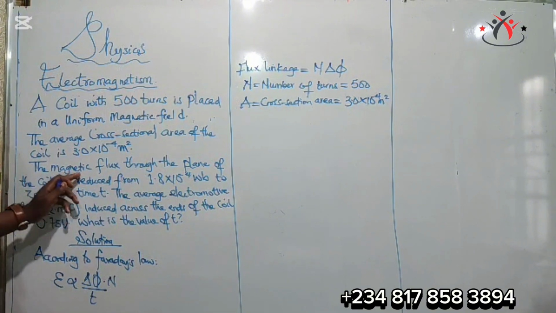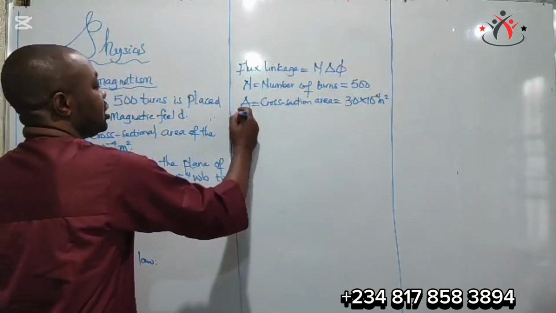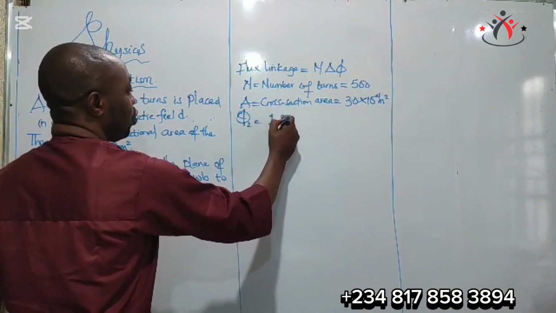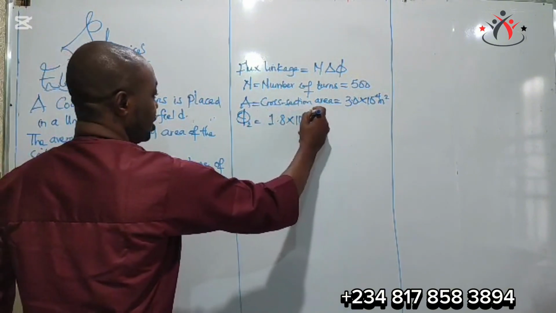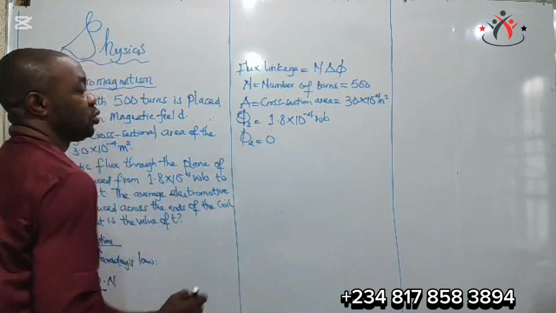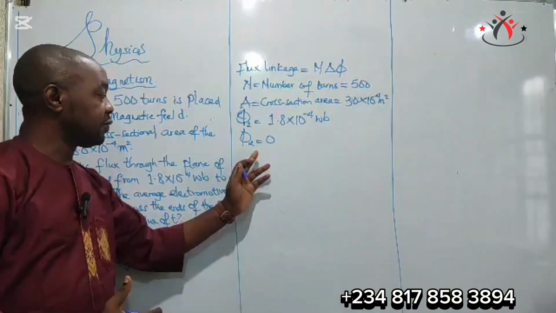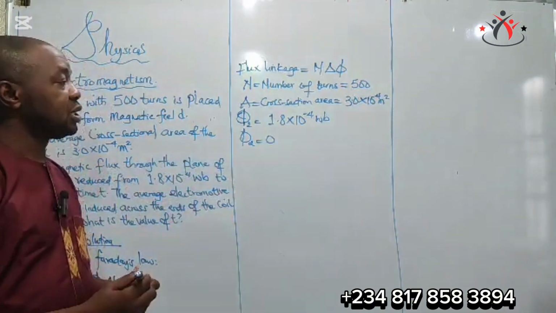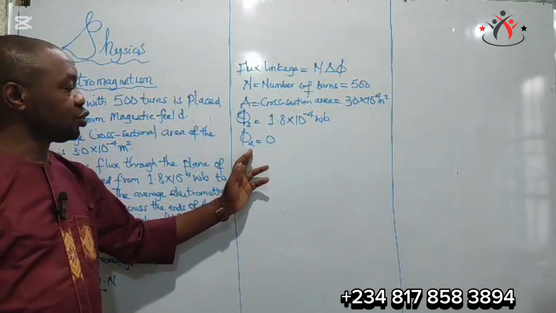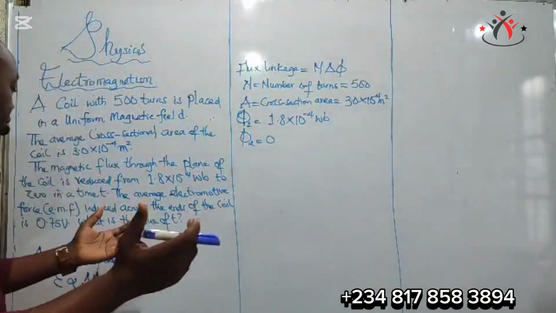Then the magnetic flux through the plane of the coil is reduced, which means the initial magnetic flux is 1.8 multiplied by 10 to the negative 4 Weber. Now, the final magnetic flux will be 0 Weber.